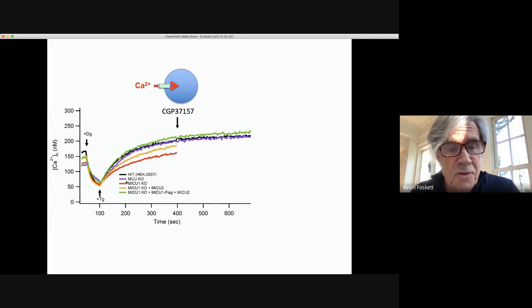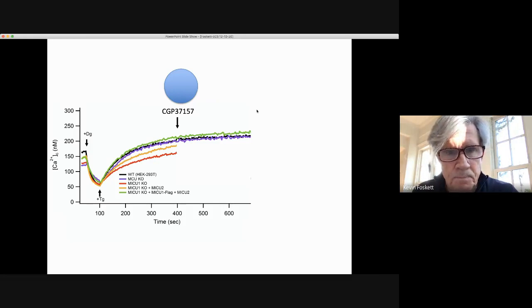And if you do this in cells that lack MCU, you see that nothing happens, because mitochondria can't take up calcium because MCU is absent. You'll also notice that in wild-type cells, MCU seems to be not active.